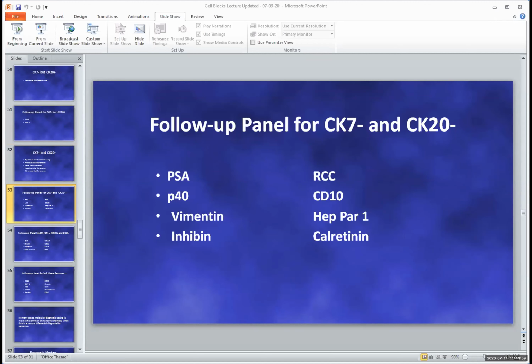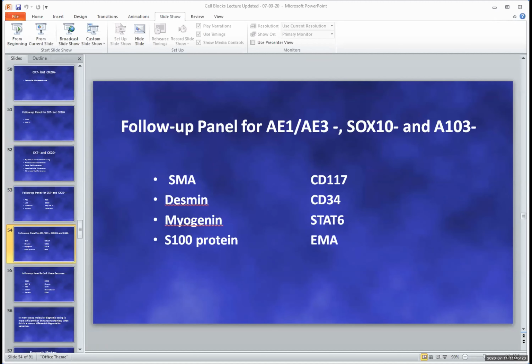That's your differential diagnosis. The panel that's helpful: prostate specific antigen, prostate obviously, RCC and CD10 for renal cell carcinomas, HepPar1 for the hepatocellular carcinoma. Inhibin is helpful for those rare cancers of the adrenal gland.